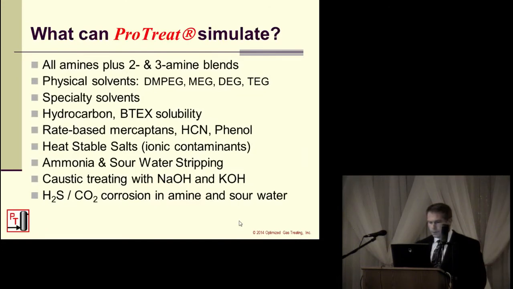Real briefly, what does ProTreat simulate? Pretty much any alkanolamine for gas treating plus up to two or three solvent blends. We're now able to model physical solvents, the dimethyl ethers of polyethylene glycol, which are offered through licensed processes such as Selexol, Coastal AGR, and Genosorb has their own solvent.